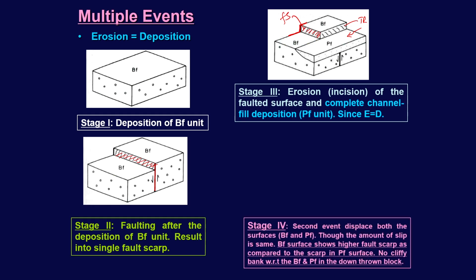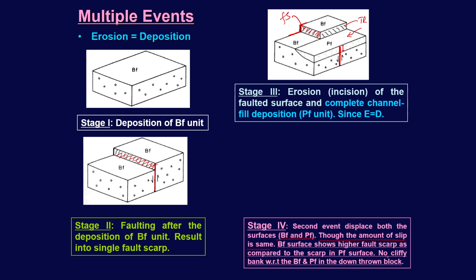Now the second event, what we see is the second event displaces both the surfaces. So then there will be displacement of this also. Okay. This portion will also be displaced. Okay. So the whole will go up. Then what we see, that the second event displaces both the surfaces, that is BF and PF. Though the amount of slip is the same, the BF surface shows a higher scarp as compared to the scarp in the PF surface.